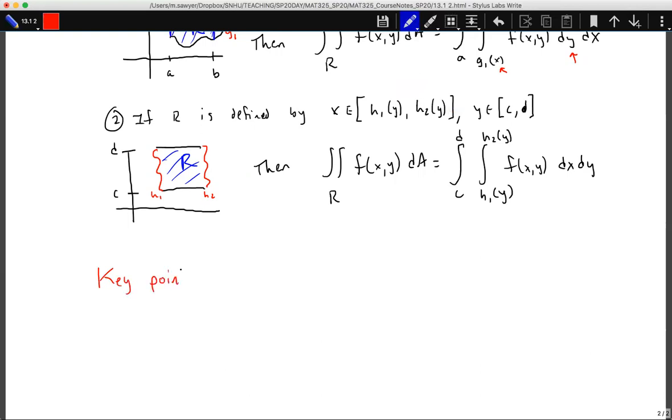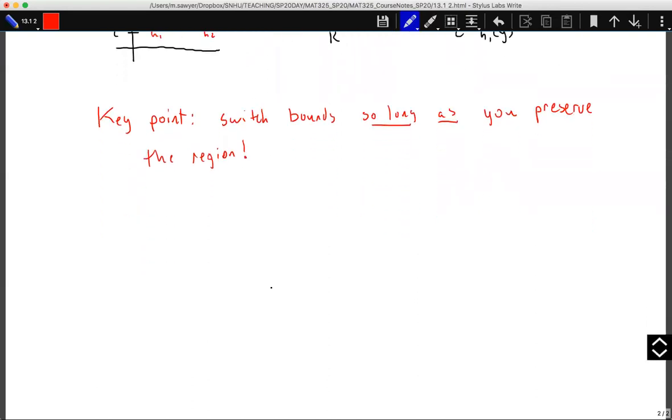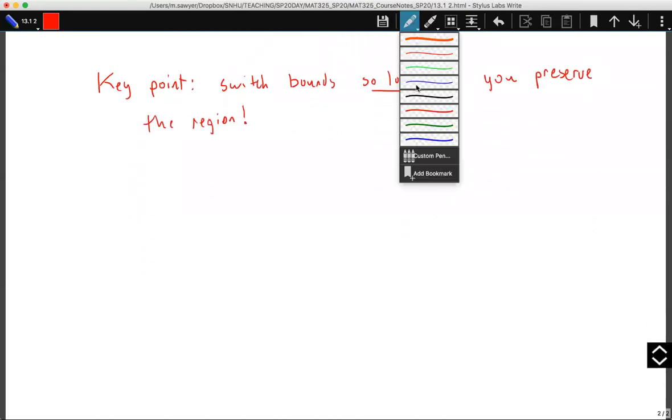So the key point is you can switch your bounds around so long as you preserve the region. If you don't preserve the region, then you are no longer integrating over the same area, and thus your answer may be wrong. So let's return to the previous example.